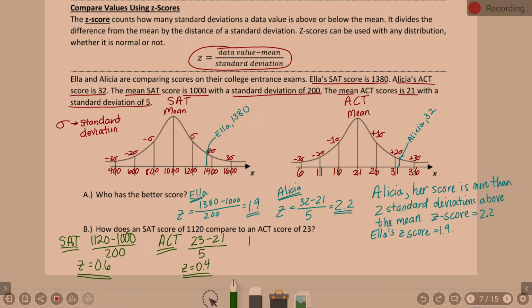So the SAT has a higher z-score, and thus is better. I really should have said the SAT score has a higher z-score and thus is better.